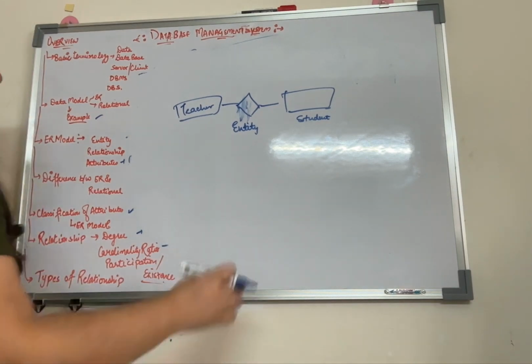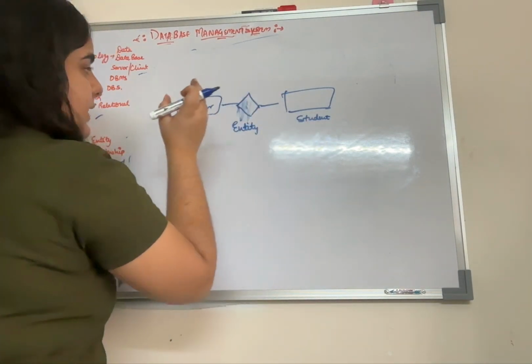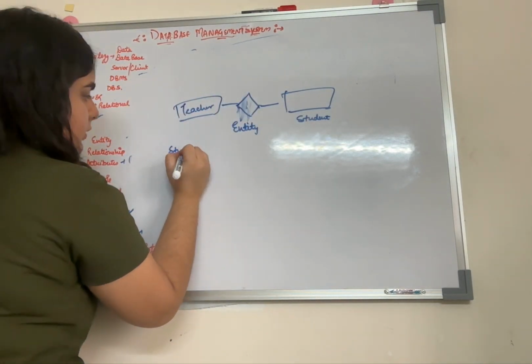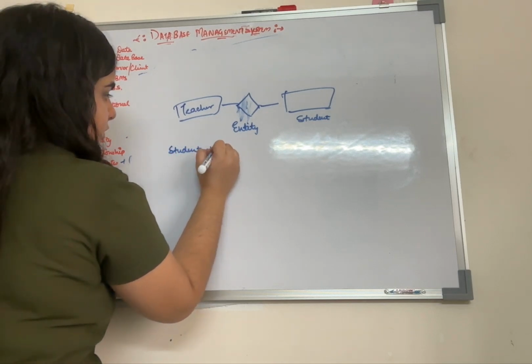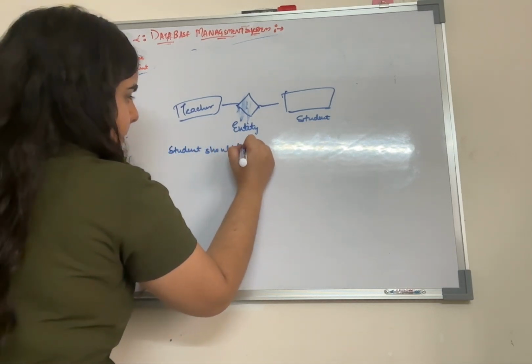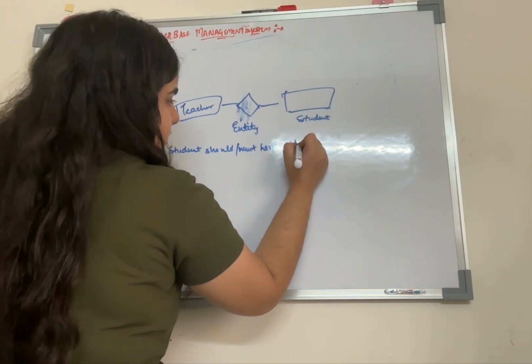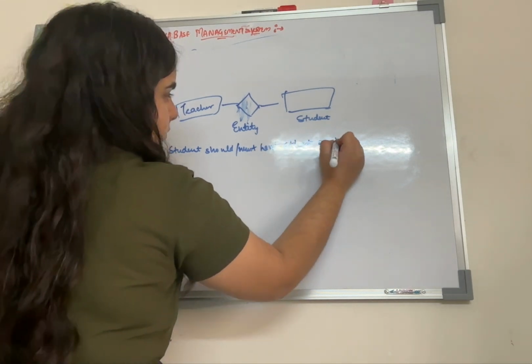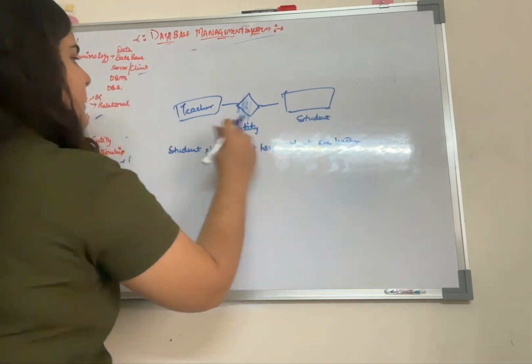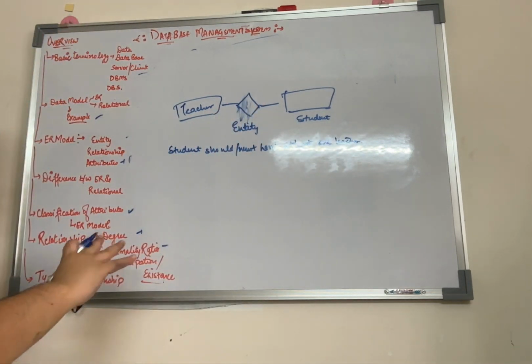Let's say a student must have at least one teacher, but a teacher can have 0 students under her.